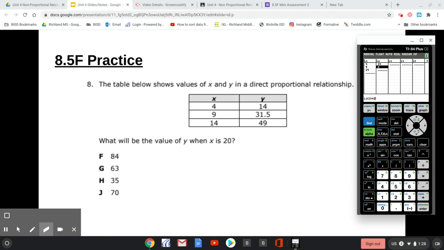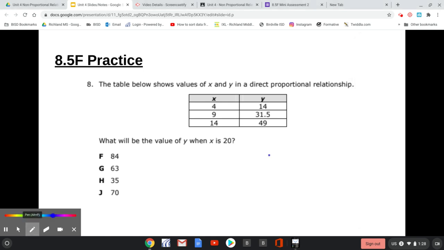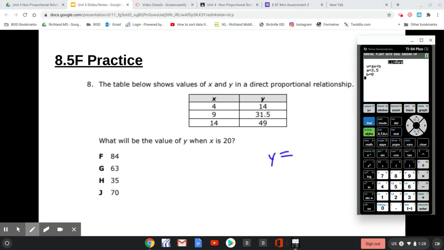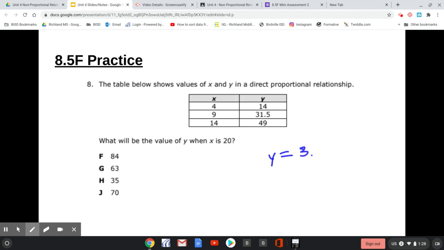I have 31.5. And I also have 49. I'm going to hit stat, tab 4, enter all the way down. And I can see that it does not have a y-intercept. And my equation is y equals 3.5x.